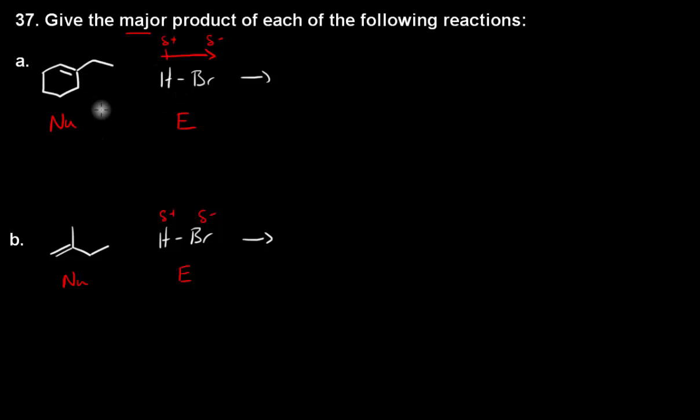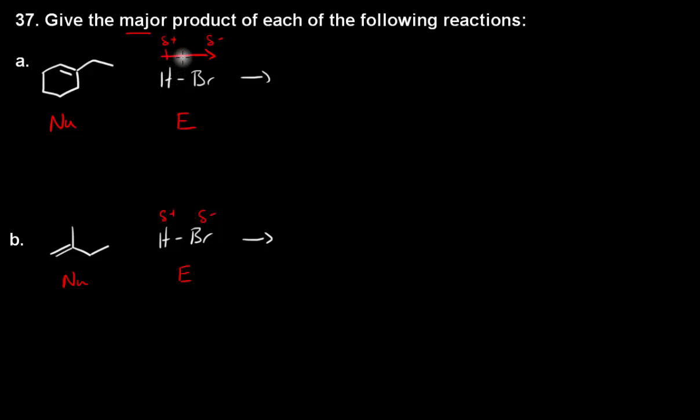So now that we've recognized the electrophilic portion of the HBr, we have to show how electrons move from the nucleophile to the electrophile. And again, the electrophilic part of the HBr is the hydrogen because, remember, electrophile means electron loving. Electro is electron, phile is loving.